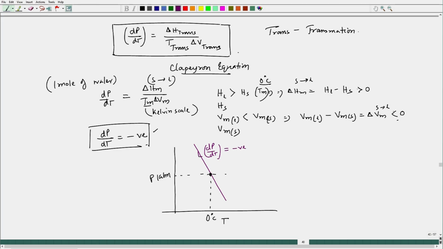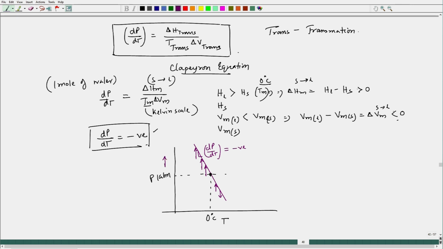So, that means if we increase the pressure, what does it mean? If we increase the pressure, the melting point would go down, and if we decrease the pressure, the melting point would increase.